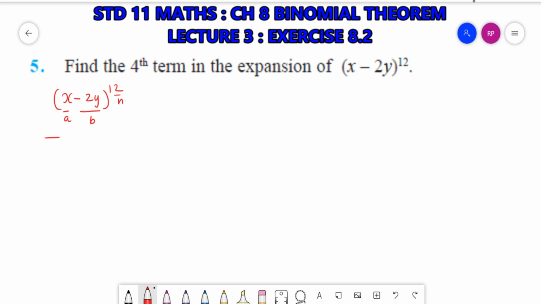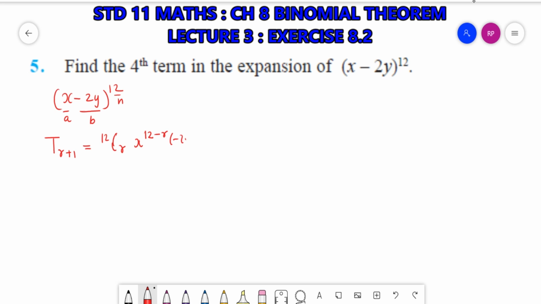So first we will use the formula for the general term, T_{r+1}, n C_r, a raised to n minus r. What is a? x raised to n. What is n here? It's 12. So let's put down the value 12, x raised to 12 minus r.